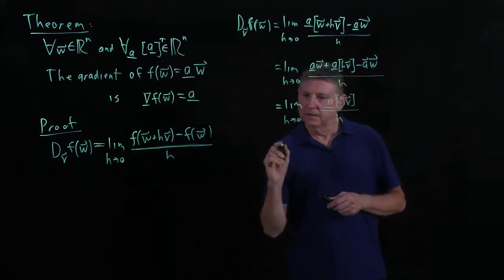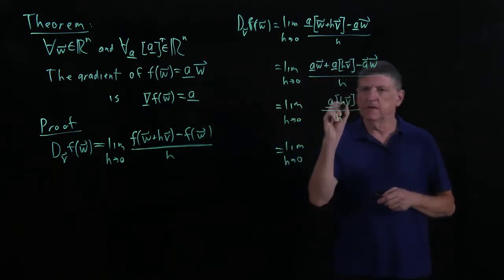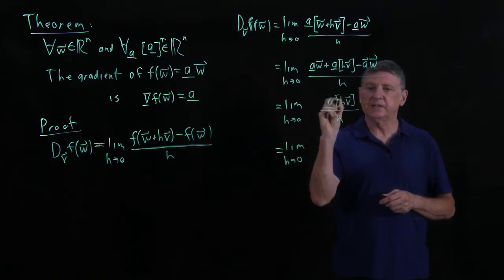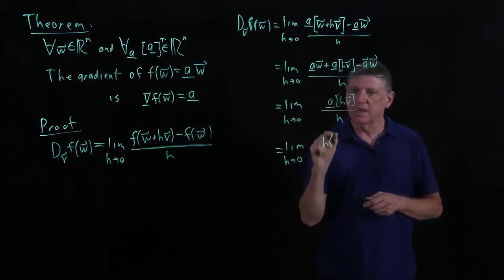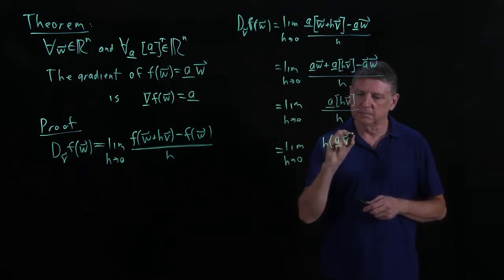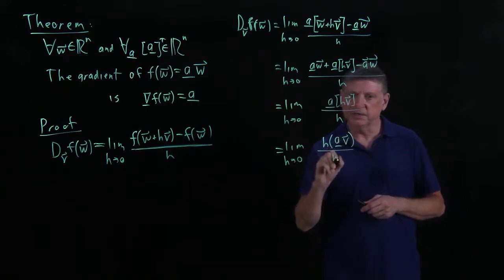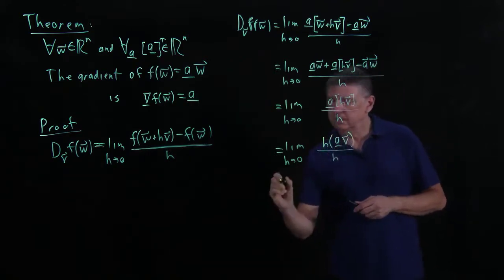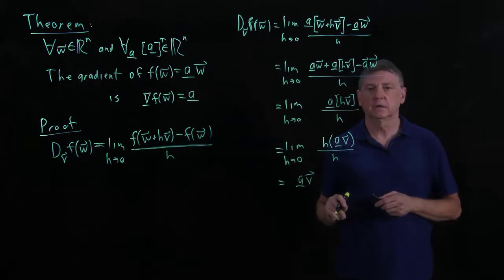And that is the limit as h goes to 0 of, I can take this h out front, so I can say that that is h times, and now this is a scalar value, a times v, divided by h, and the limit of that equals the one form times the direction.